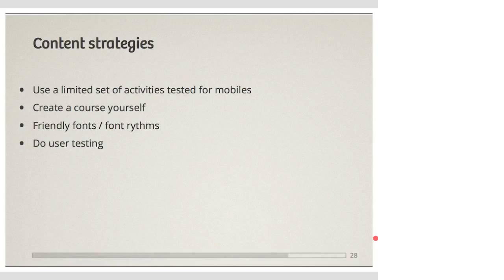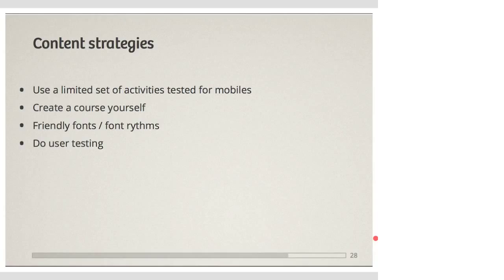So sometimes you see courses just full of links to activities, and maybe that's not the best approach for mobiles. So if you just use a few activities, a forum, maybe a quiz, which is really nice, with good descriptions, that will really help you get a nice content strategy for your courses.